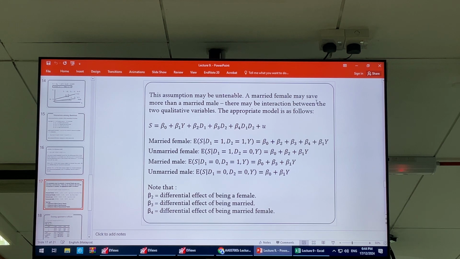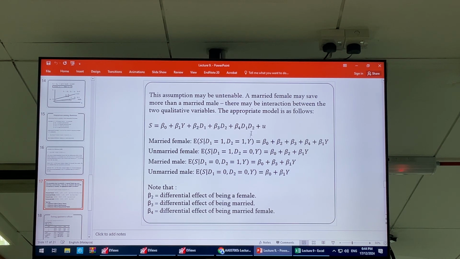It's possible that there is different behavior between unmarried females and married females. One way to allow that is by having an interaction term. A married female may save more than a married male. There may be an interaction between the two qualitative variables. The model is as follows.